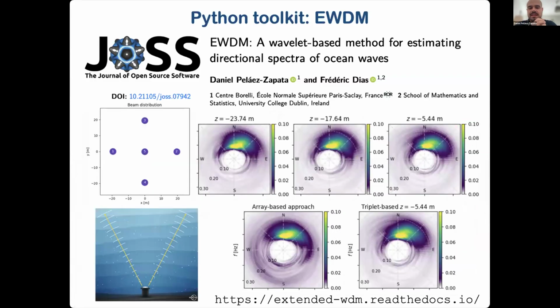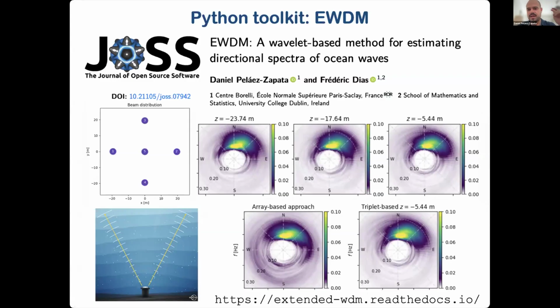For example, I was saying that an ADCP can be seen as a single-point triplet data because you have pressure, surface elevation, and the two velocity components. But also, if you project the beams towards the surface, you can have something like an array. We have an estimation using the surface elevation and velocities at different depths, so there is not much difference.